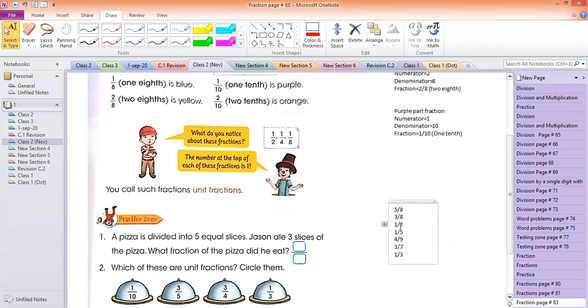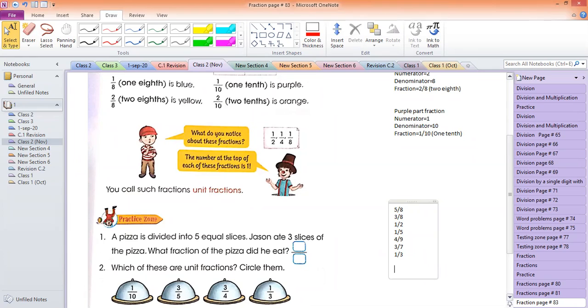Any fraction which is having 1 in its numerator is called a unit fraction, okay? A fraction that has 1 in its numerator is known as a unit fraction.